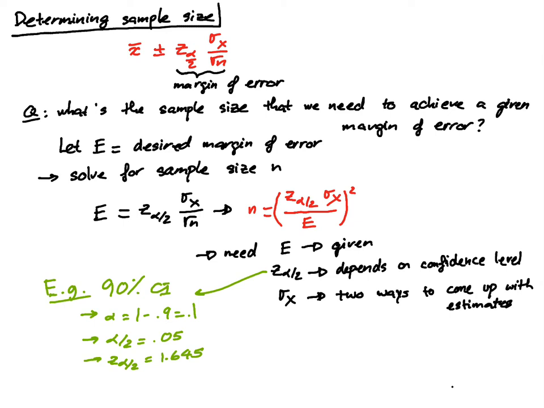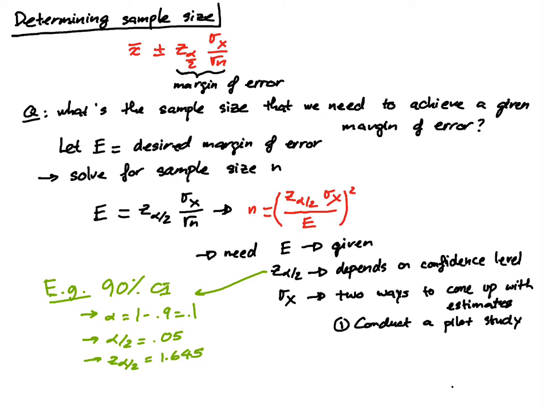The first way is to conduct a pilot study. Essentially, the idea is we conduct the survey or the experiment on a small sample, and then use it as an estimate for the population standard deviation.